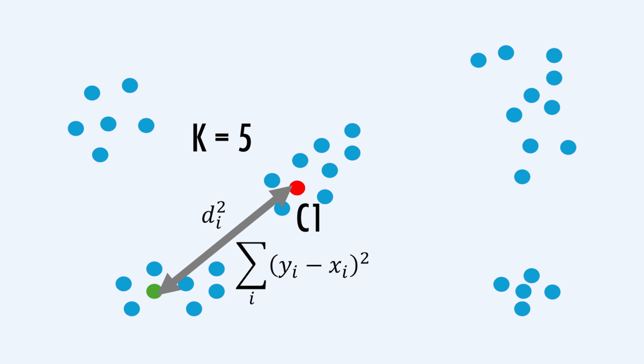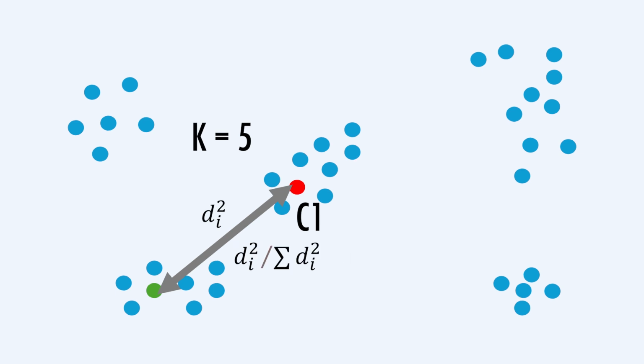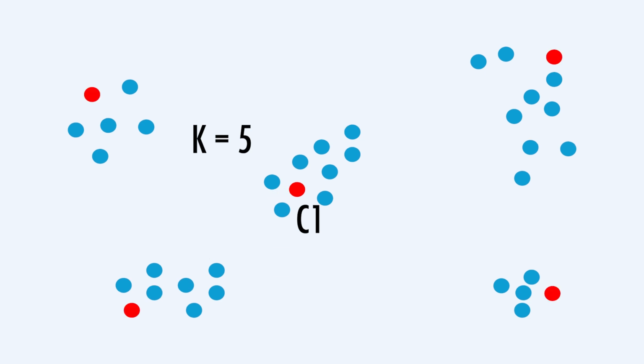After calculating the sum of squared deviations for each point, we pick the point with a high probability according to the factor shown here, where we weight the distance of our point over all the other distances. This is a measure of the relative distance of our point to the centroid. The farther away, the better. And we repeat this procedure until all K clusters are chosen.